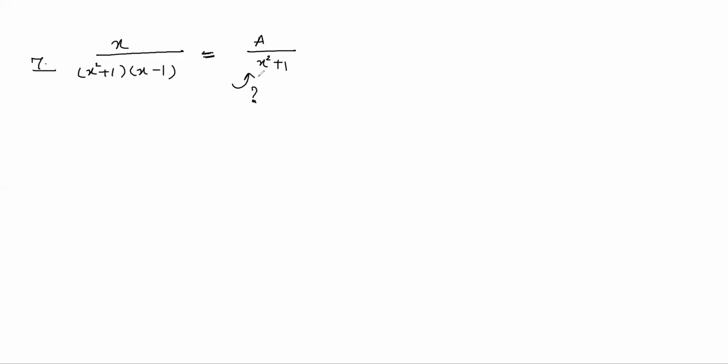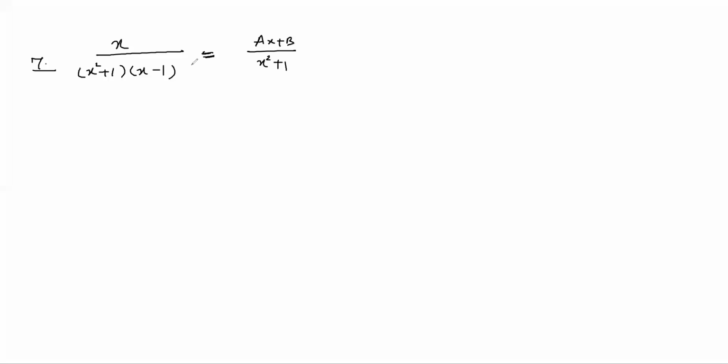No. Why? Because this is in the form of bx square plus cx plus d. Right. So I need to write it like this. When we have the simple bracket, then only I can write a. But we have a polynomial like this, so I need to write ax plus b in the numerator.